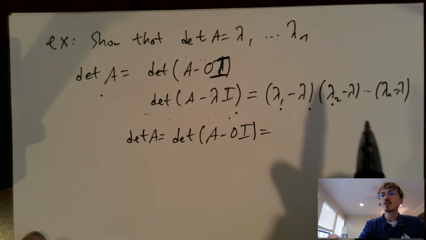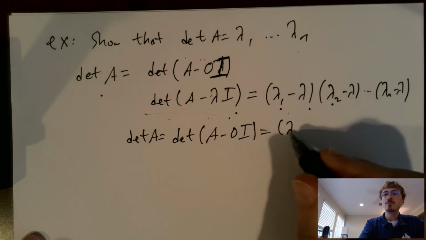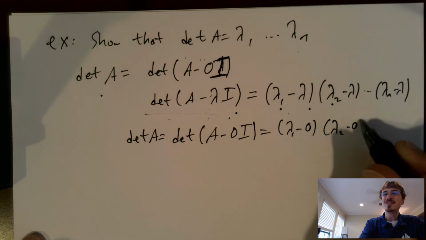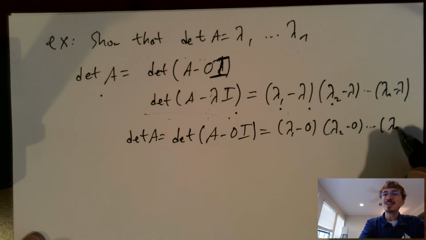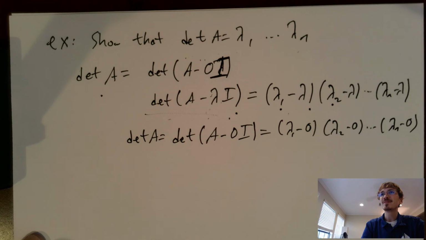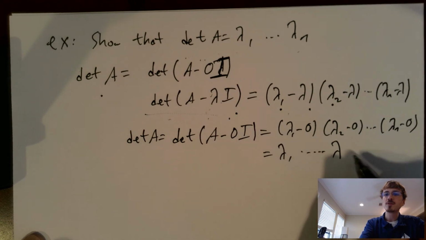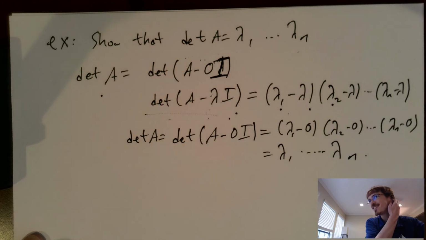So I get lambda 1 minus 0 times lambda 2 minus 0 all the way down to lambda n minus 0, which is just the product of the eigenvalues. Sorry about my typo up there. And that's kind of interesting.